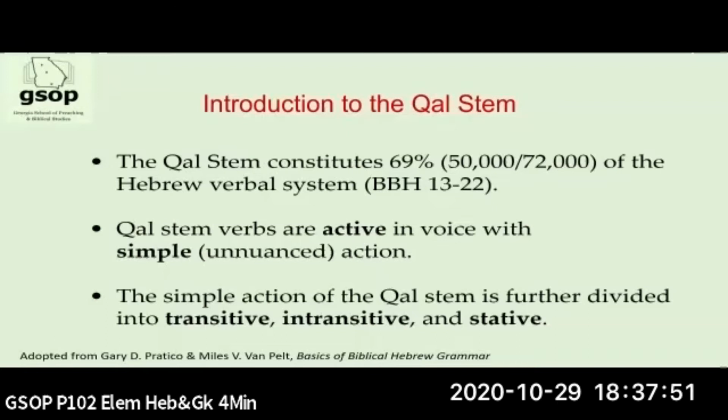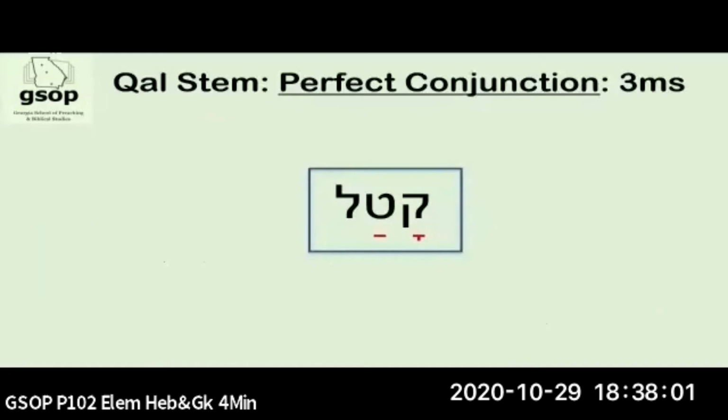Intransitive is there is no direct object, and stative is more its state of being. We're going to go over that in a minute. So let's spend some time with the Qal stem, perfect conjugation, third masculine singular. So the Qal binyan, the Qal stem, when you add some vowel pointers, it's in the perfect if it has the qamets and the patach underneath the first and second position.